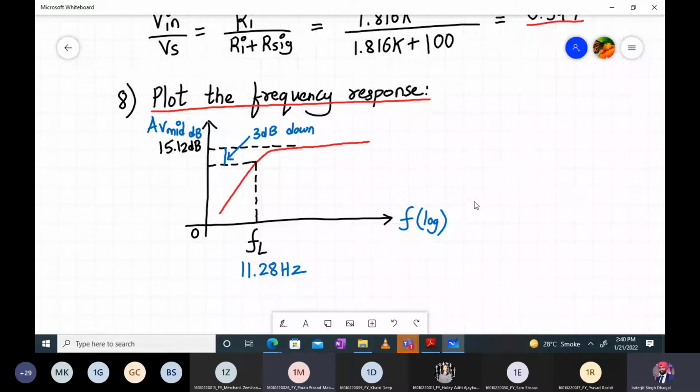And this completes the frequency response plot. Okay. So the main values of this numerical were calculate the midband voltage gain, that is 15.12 dB, and calculate the cutoff frequency of the amplifier, which is 11.28. So they might ask you only these two things, but we have to calculate all the things which we have said before. Understood? So here we have completed this numerical.